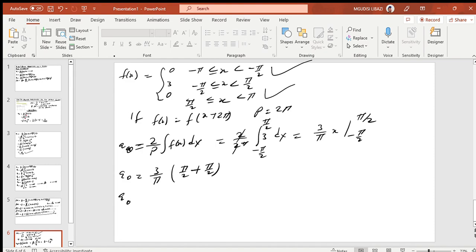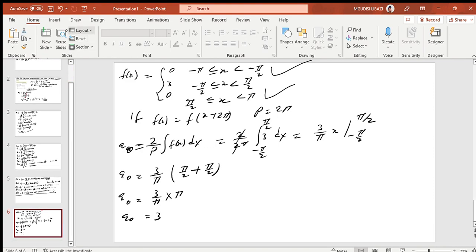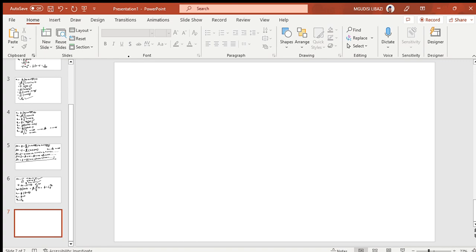Our a of 0 will be 3 over pi multiplied by pi over 2 plus pi over 2, which is pi, and then our a of 0 should be 3. So that's how we can find our first constant for this question.